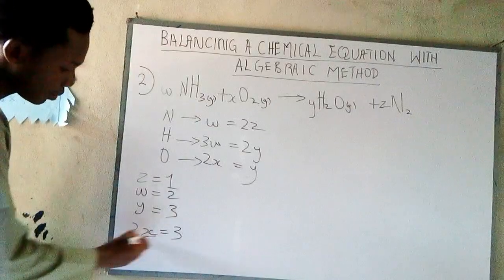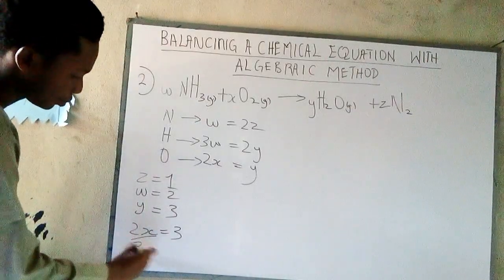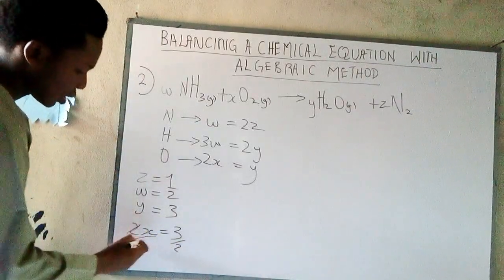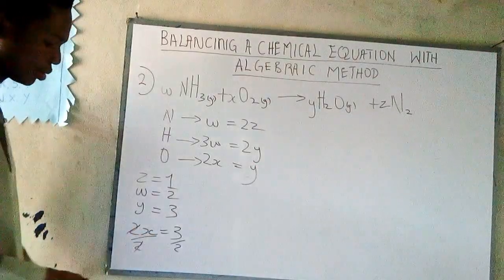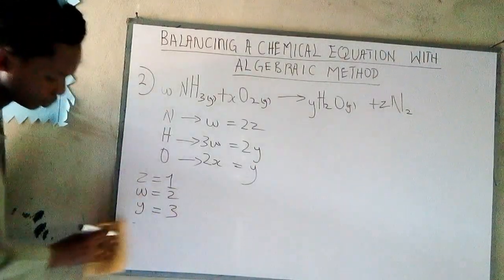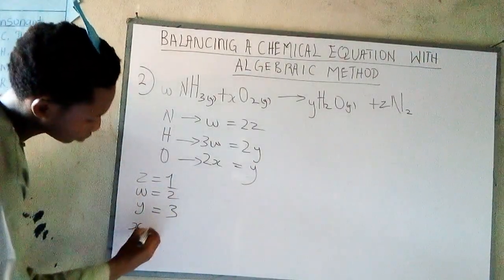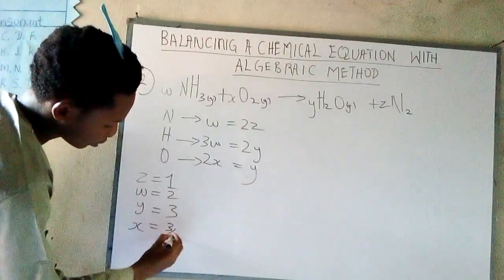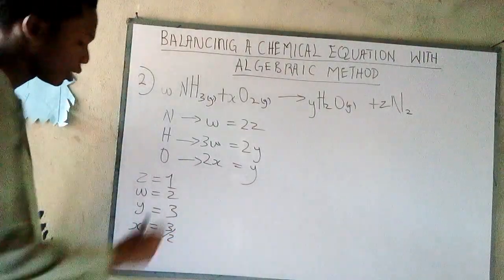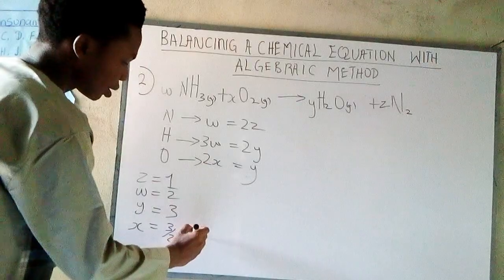X will now be equal to, we divide both sides by 2, cancel here, cancel here. We now have x to be 3 over 2. What's the value of 3 over 2? 3 over 2 can also be written as 1.5.